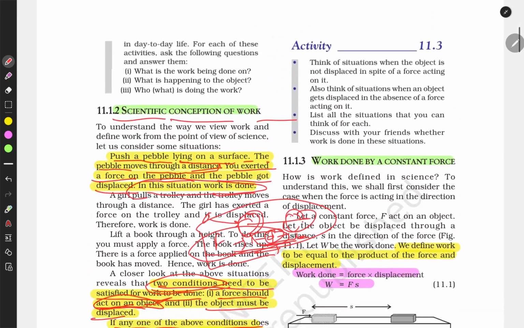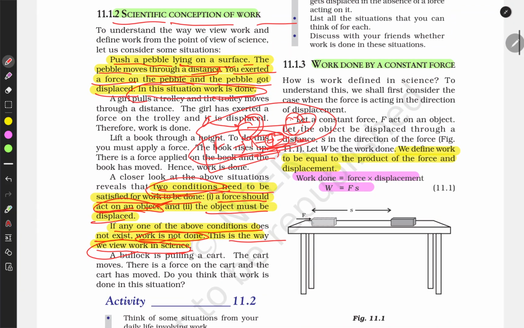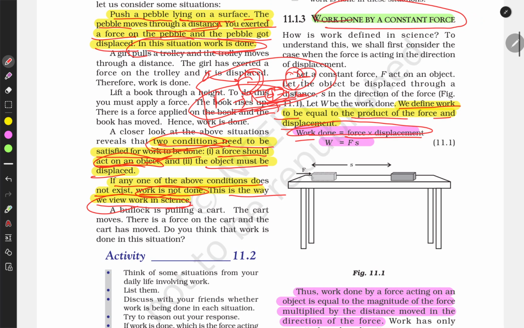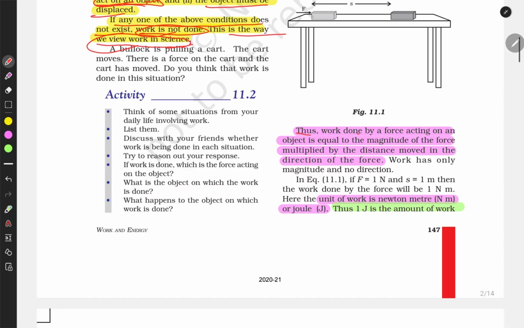So we can represent work as force into displacement. There must be force and displacement, and force into displacement is work done. Work done by a constant force: we define work done as the product of force and displacement, W equals F into S. Thus the work done by a force acting on an object is equal to the magnitude of the force applied times the distance moved in the direction of the force.